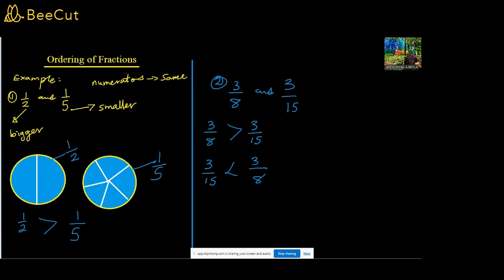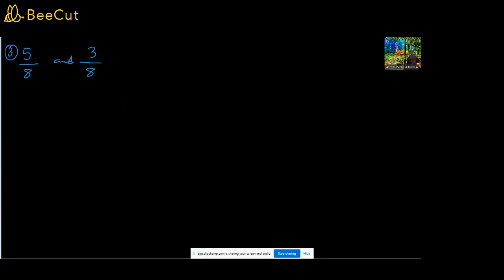If you remember, in the first case we had the same numerators, but in this case we have the same denominators but different numerators. So once the denominators are the same, it means I am dividing 5 items among 8 people, and I'm also dividing 3 items among another 8 people. So which group of people will have more? Is it the first group or the second group?